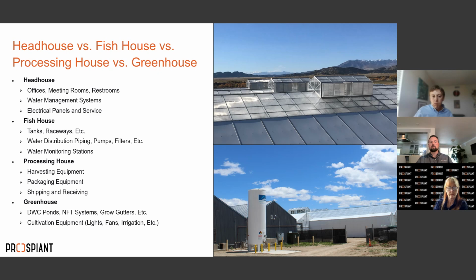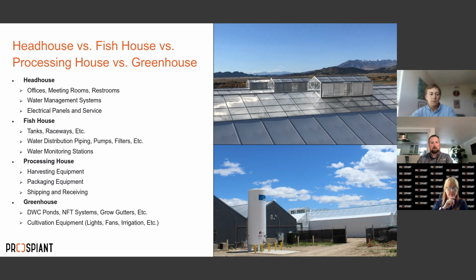Typically, you see water tests done daily, at least nitrogen levels, dissolved oxygen, pH, those kinds of key metrics, measured daily in different areas of the system, depending on whether you're a closed loop or a decoupled system. I'll get into that in a second. Of course, your electric service panels make sense to keep inside the head house building as well, away from the fish and the water.